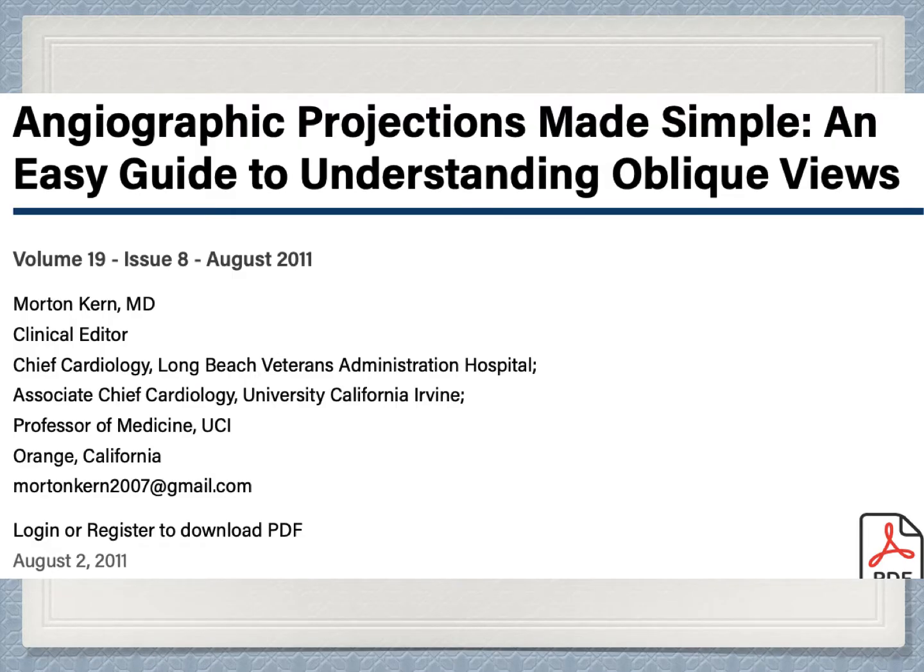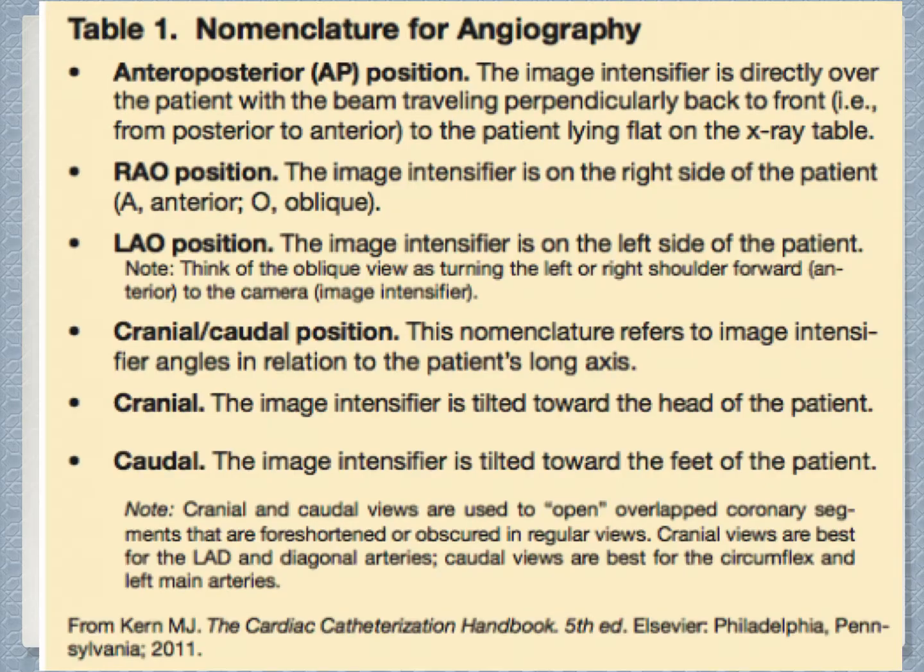And this is the page I'm talking to you about, Angiographic Projections Made Simple, an easy guide to understanding oblique views. So we'll use this, which was done by Morton Kern. It's available on the internet for free. So I got some pictures out of this webpage, and this is the nomenclature.